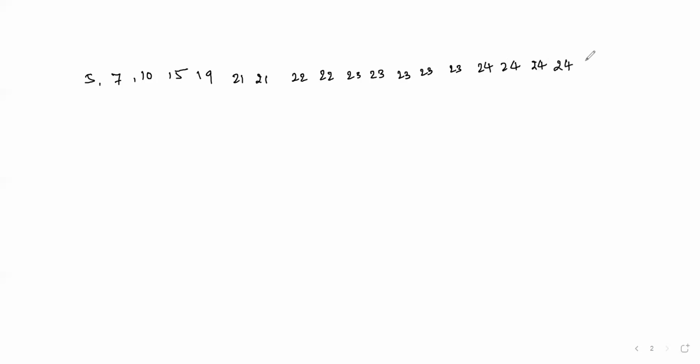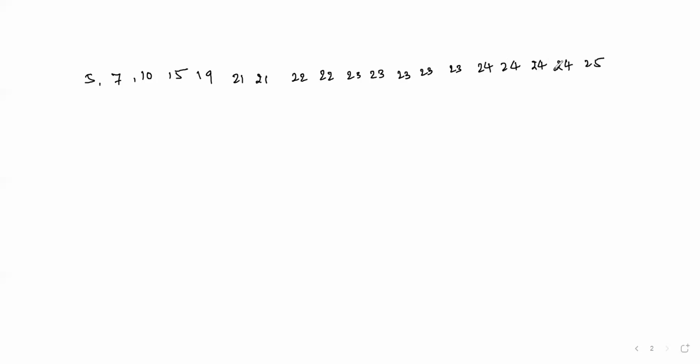So let's say my data is something like this: 5, 7, 10, 15, 19, 21, again 21, 22, again 22, 23, and let's say 23 occurring 5 times, then we have 24, 24, 24, 24, and then we have 25.